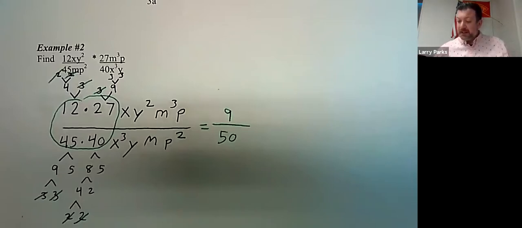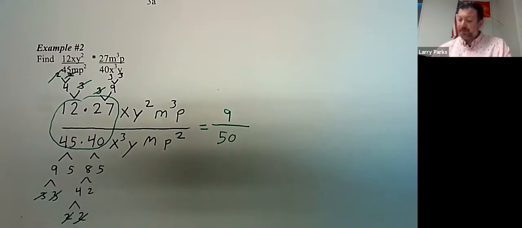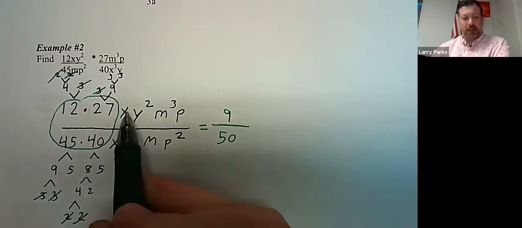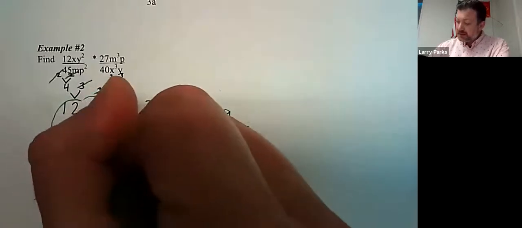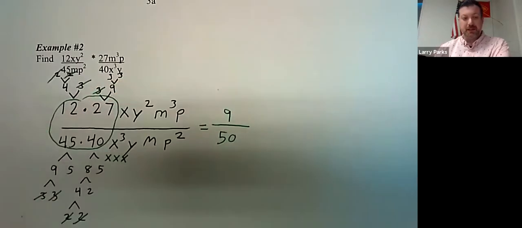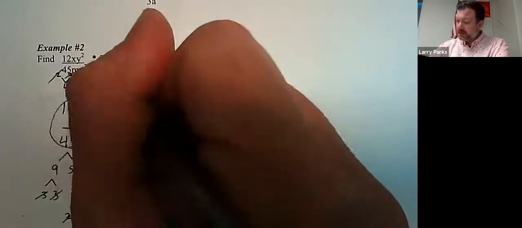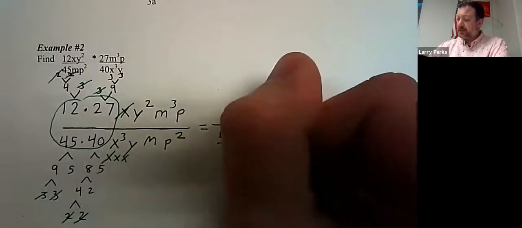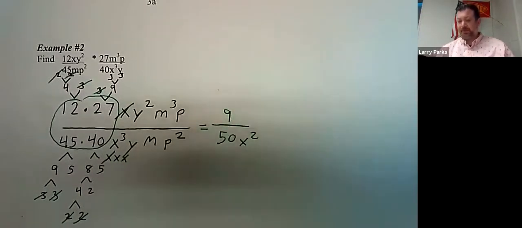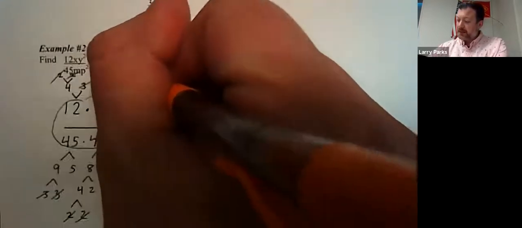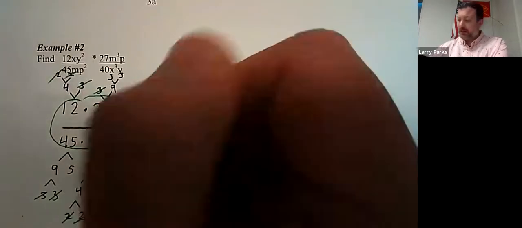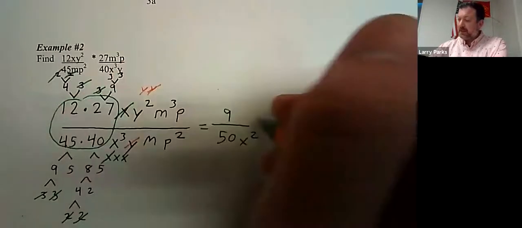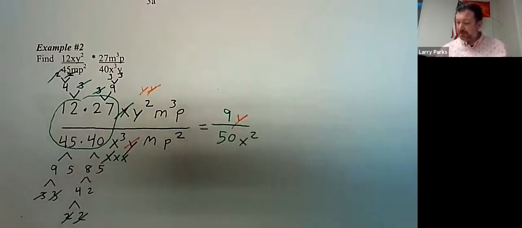All right. Next, if you think about the x's, this means 1x. This means 3x's. So 1 goes away, leaving x squared on bottom. For y's, I have 2 y's and 1 y. 1 y goes away, leaving 1 y on top.